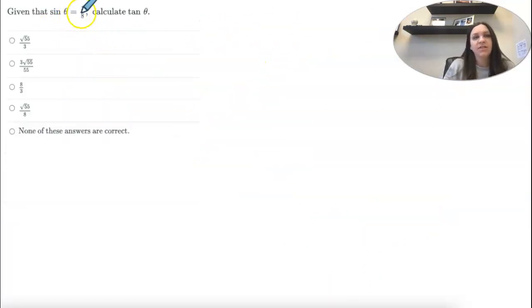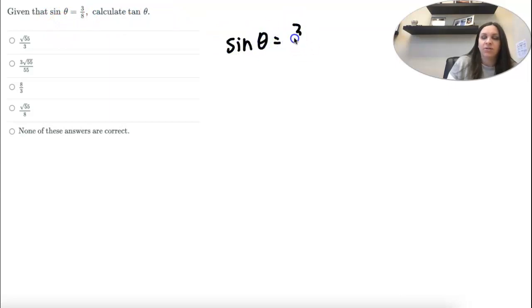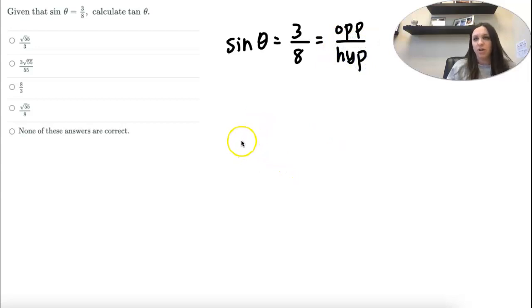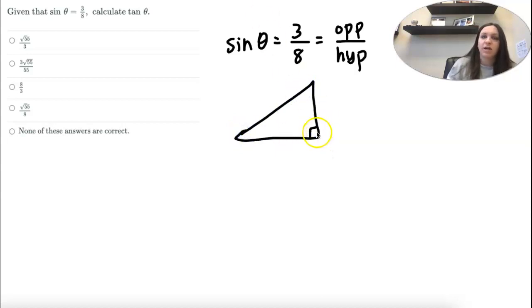Given that sine of theta is 3 over 8, calculate tangent. Okay, so sine is 3 over 8. Remember, sine is opposite over hypotenuse. So I'm going to draw a triangle. Doesn't matter, it just has to be a right triangle. Doesn't matter what side the angle's on. As long as you have a right triangle and you pick a reference angle of theta.